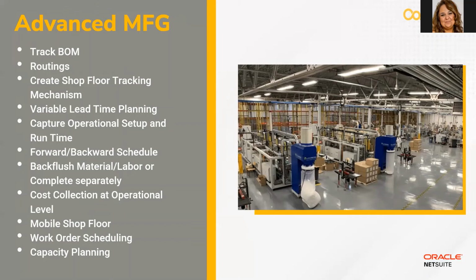Additional features with advanced manufacturing are downtime reason lists. With standard manufacturing, you can record scrap. With advanced manufacturing, you can add why. You can build from a list that you build yourself, and you can have barcodes assigned to those reason codes. And with the scanners, you can scan the reason for scrap.